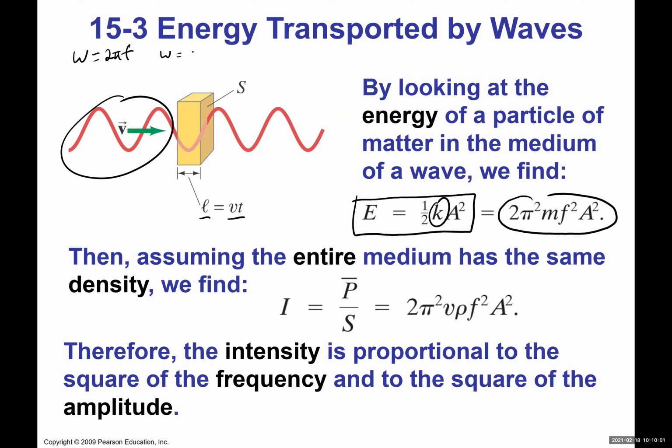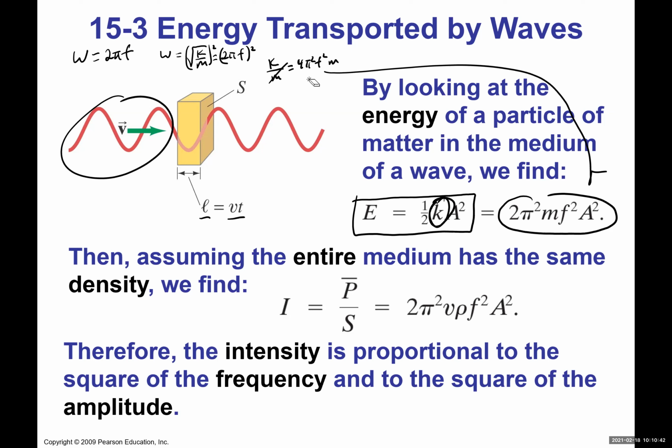But omega also equals square root of K over M. That means we can relate those: square root of K over M equals 2 pi times F. If I square both sides, I have K over M equals 4 pi squared F squared. Move the M to the right, and K equals 4 pi squared F squared times M. So I just replaced K with that, and we got this equation.